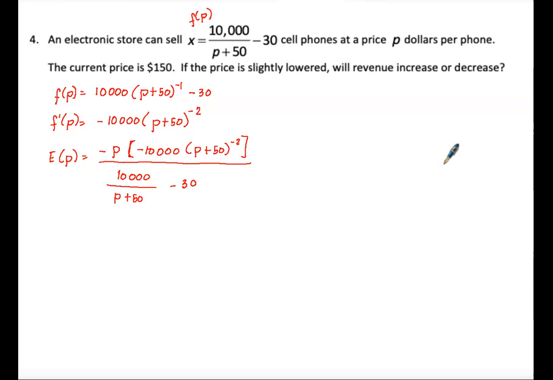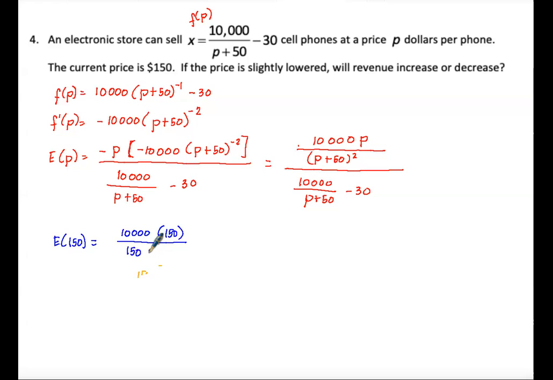Okay, so let's do it this way. We want to make this positive. Negative times negative is positive. We'll just rewrite this as P times 10,000 over (P plus 50) squared, over 10,000 over (150 plus 50) minus 30. Okay, that's more like it.